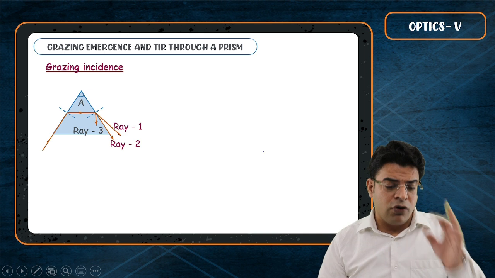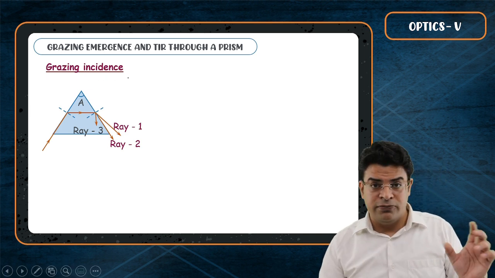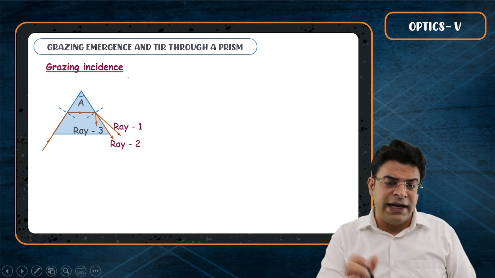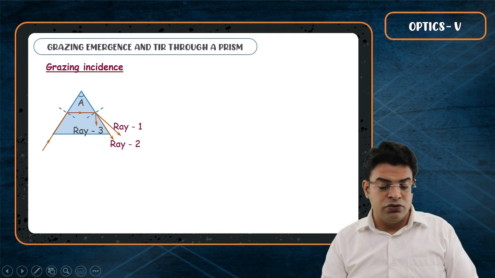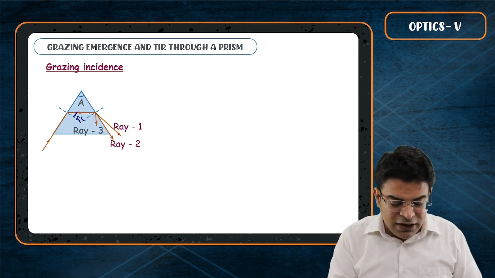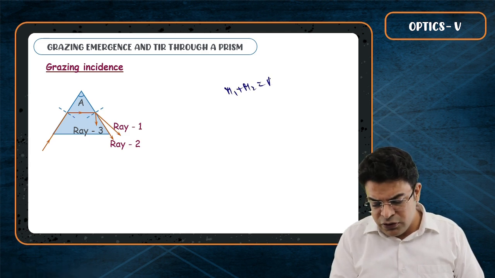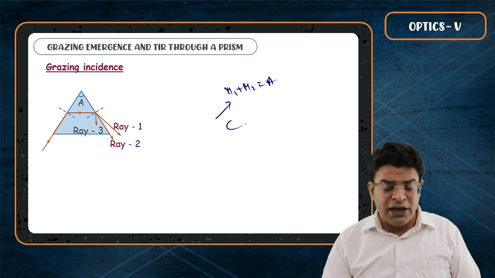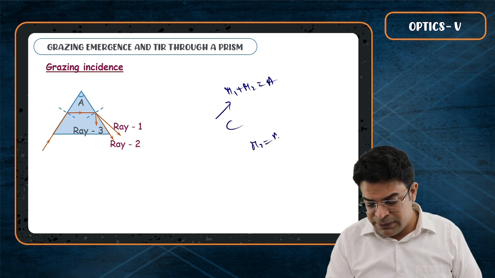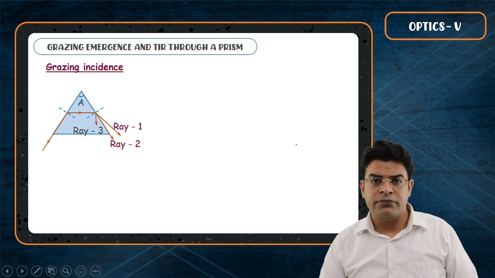So if you have grazing incidence on the prism, then the angle of incidence is 90 degrees and R1 will be equal to C. If R1 is equal to the critical angle, what will R2 be equal to? R1 plus R2 equals A. So R2 has to be A minus C.